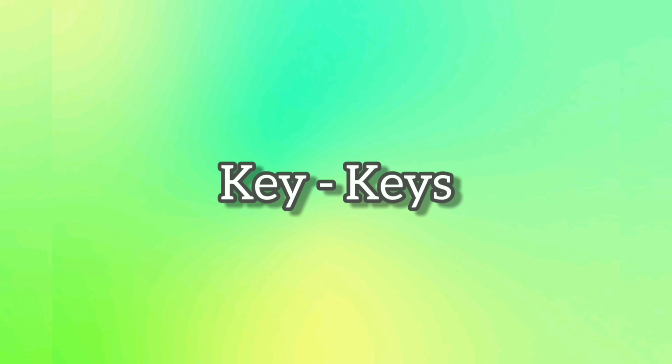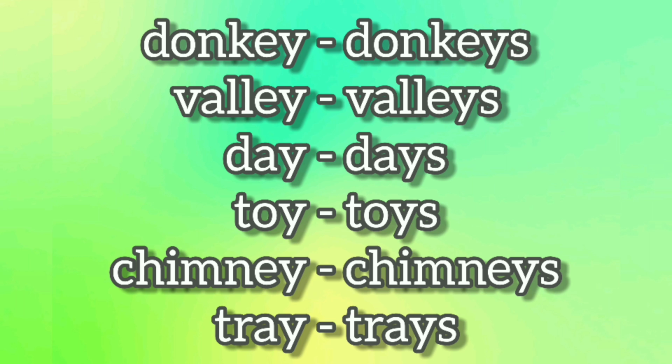This word ends in Y. Before Y, you can see that there is a vowel, that is E. So Y remains and we are just adding S to form the plural. In the same way, donkey, donkeys, valley, valleys, day, days, toy, toys, chimney, chimneys, tray, trays. Followed?